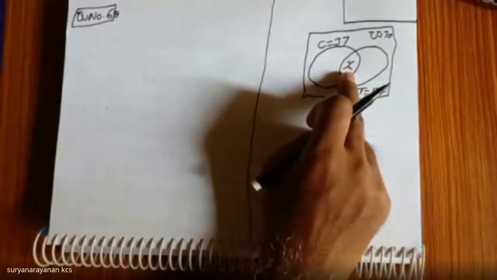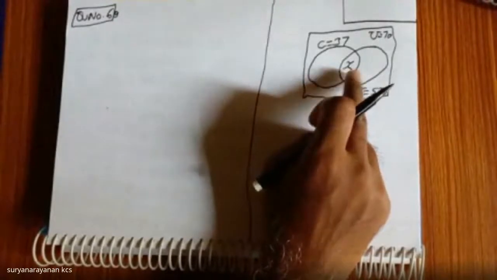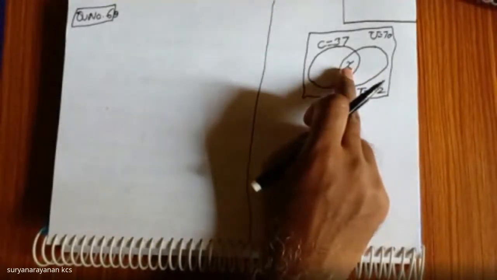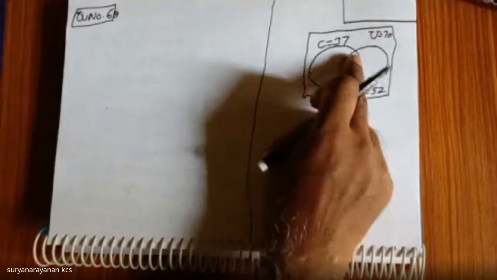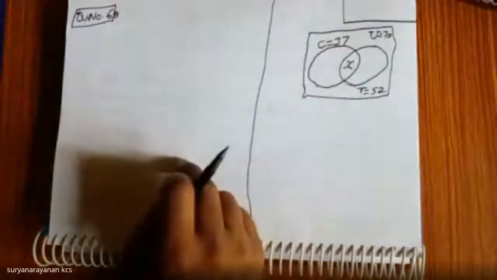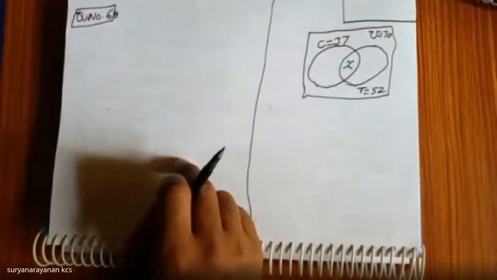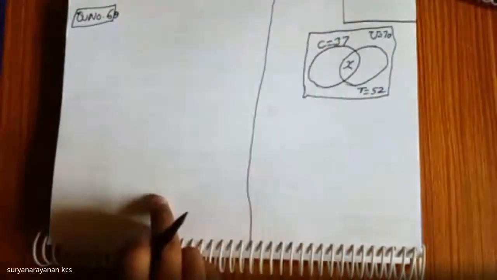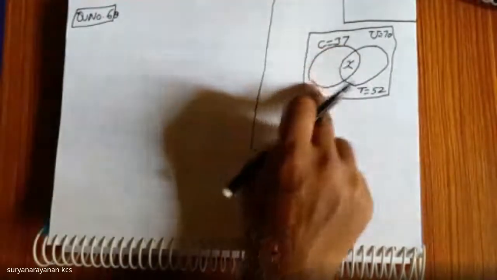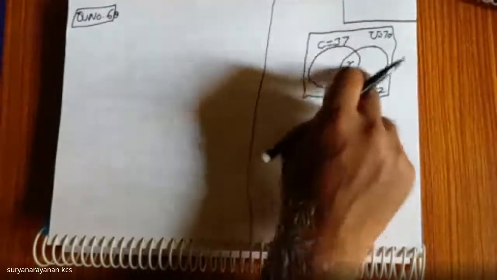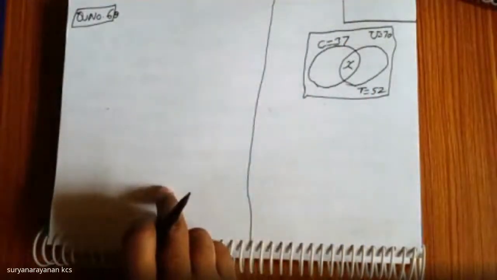But in the total circle, how many people should be there? Observe this circle.